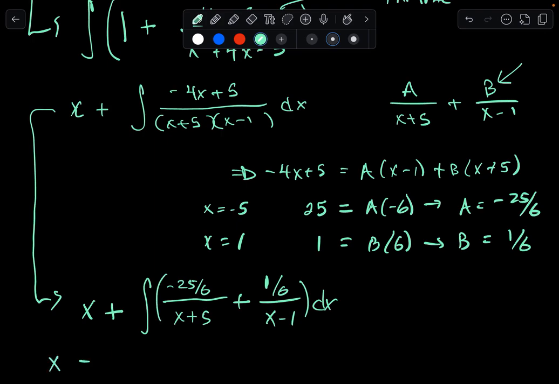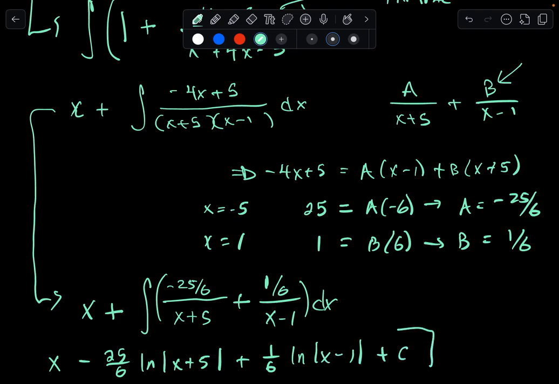So this is minus 25/6 natural log x plus 5, and then 1/6 natural log x minus 1, and they're of course equivalent forms because we're dealing with adding and subtracting logarithms. But if you can get this far, you get a lot of hand claps from me for sure.